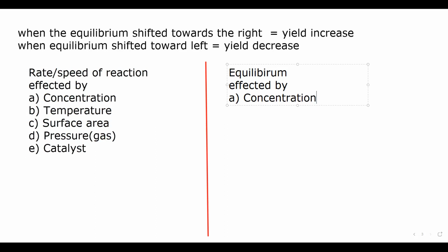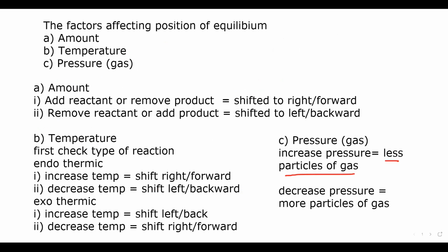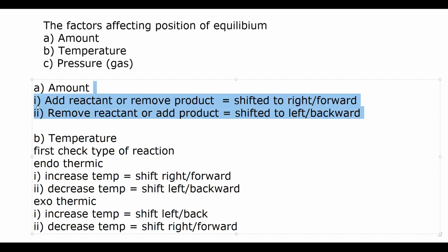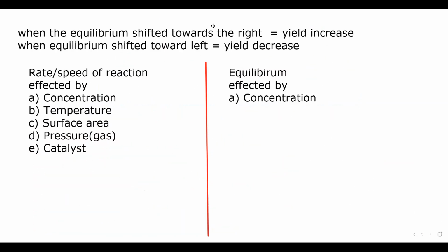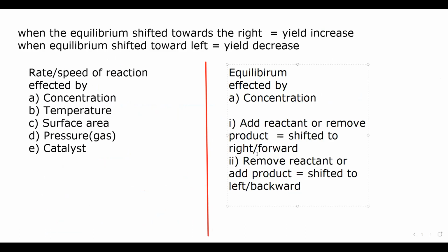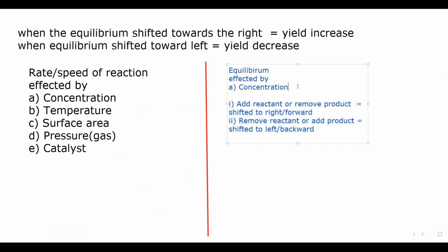As we have discussed in the first slide, that depends on what change we carry out, either adding a reactant, concentration or amount, basically. I can say both of them as the same thing. So if we add a reactant or remove the product, the equilibrium will shift.